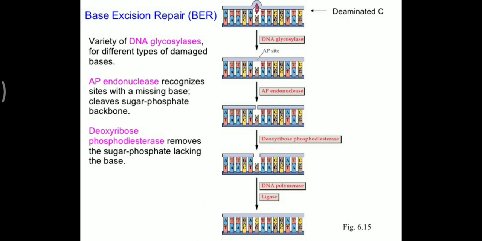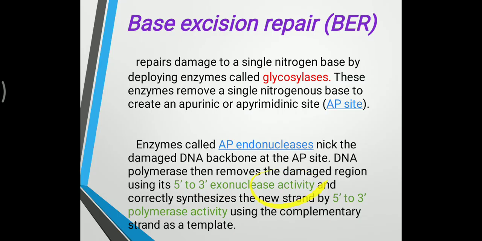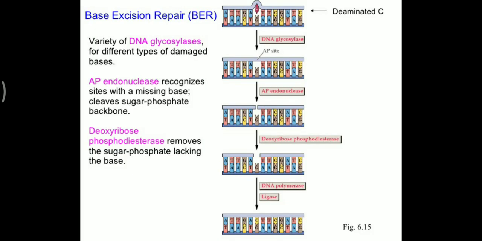Then the DNA polymerase enzyme, a very important enzyme which helps in pairing complementary base pairs, adds the cytosine in the place where the deaminated region is. The other enzyme is DNA ligase, which joins the cleaved segments or parts of the DNA.